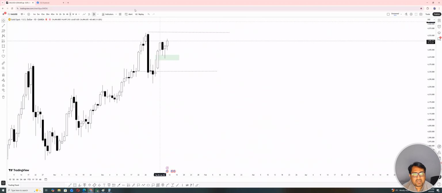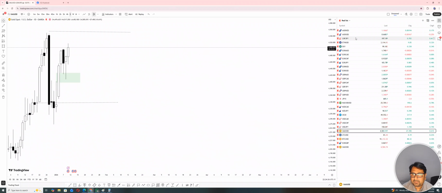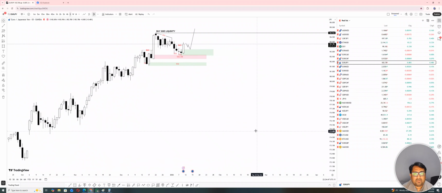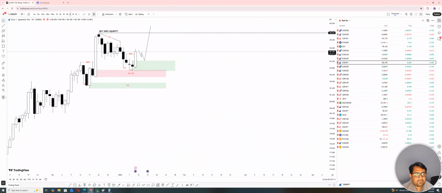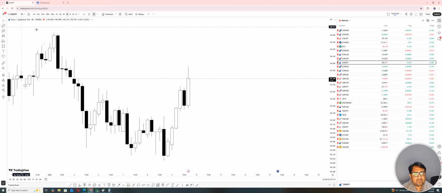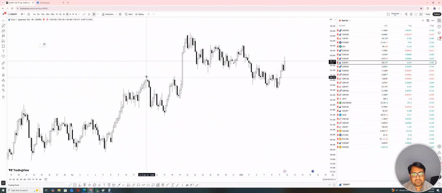Second thing, if we have a break of structure like this, for example on Euro USD, like Euro JPY. First of all we need to look at the break of structure, and now you can see we have a break of structure on this area.